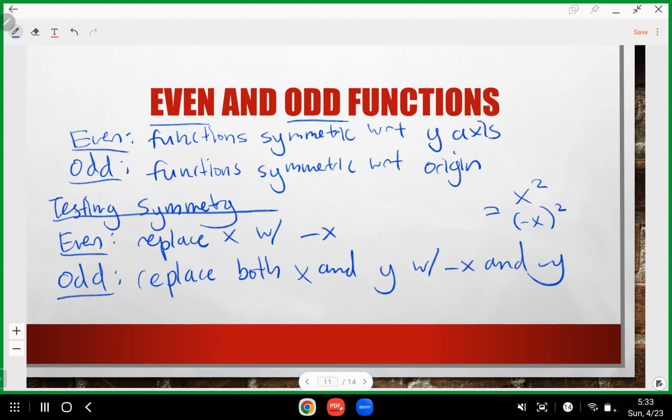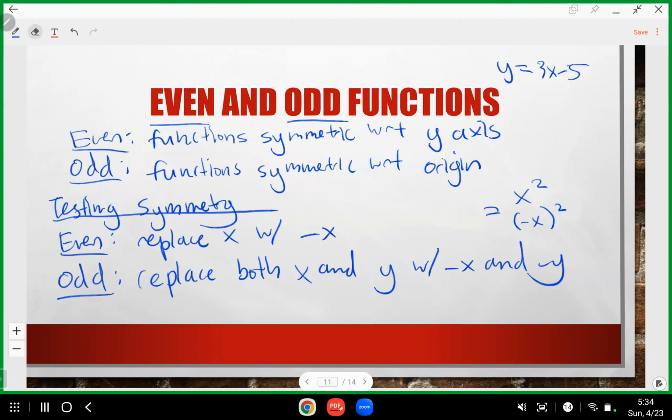Okay. So now let's just see about, let's say, y is equal to 3x minus 5. Obviously, this line is always shifted somewhere, right? Something like this. So obviously, it's not going to be an even or an odd function.